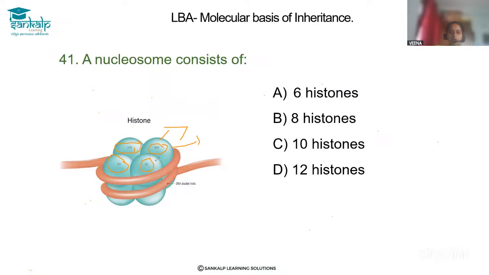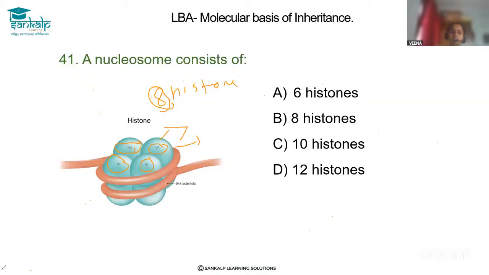How many histone proteins are present here? Total 8 histone proteins are present, because each is present as a pair: H2A 2, H2B 2, H3 2, H4 2. So the total becomes 8.